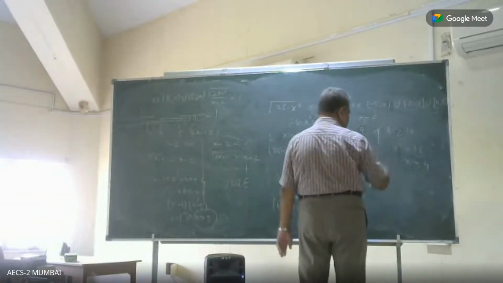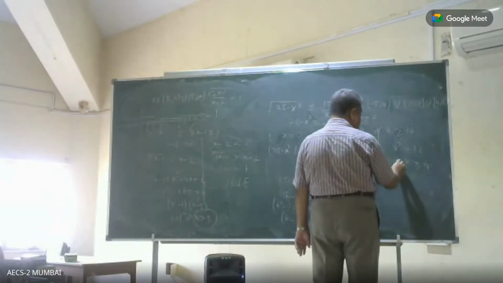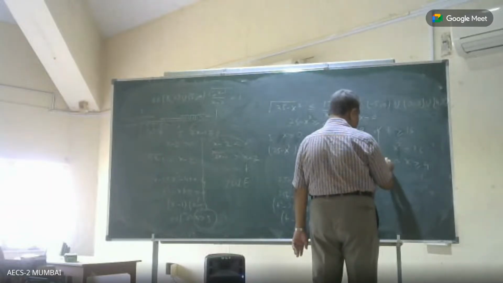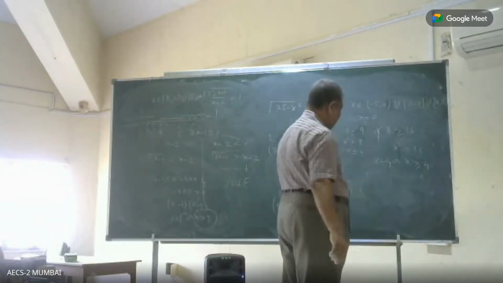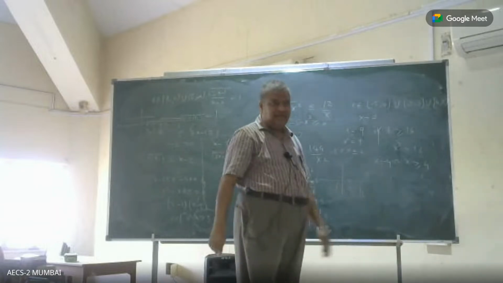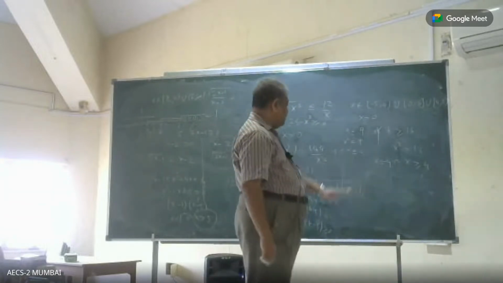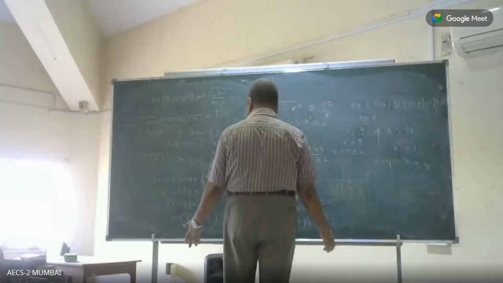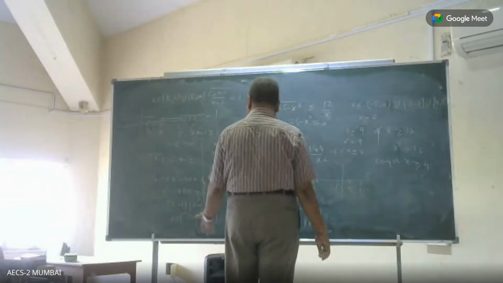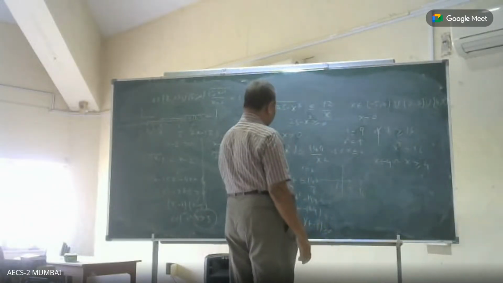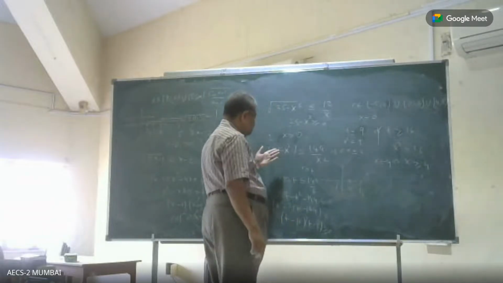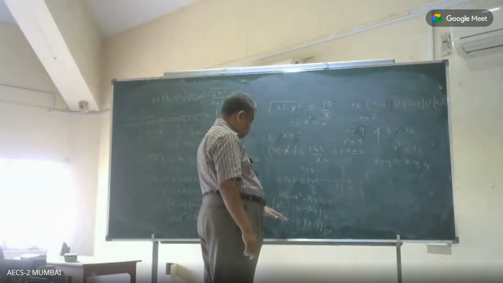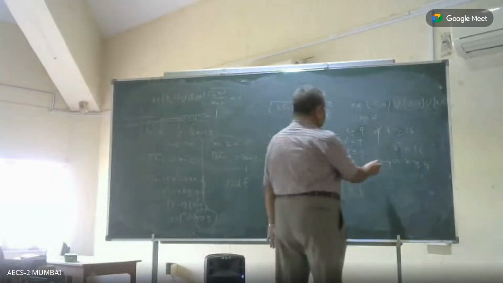Or x is less than or equal to minus 4. Correct? Now you see this. What are we supposed to do? We are supposed to take overlap or union. So this is or, yeah. So let us see this.